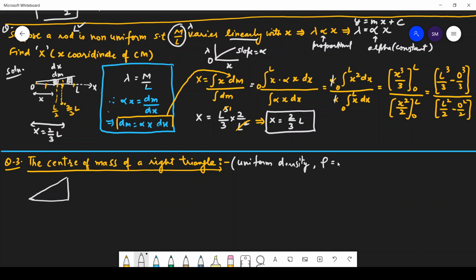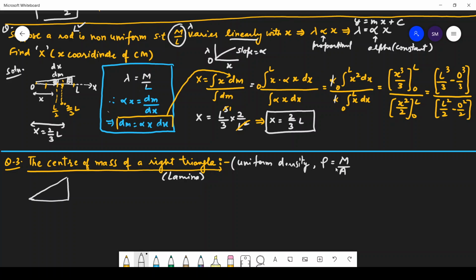Okay, because we have area over here, this is also a case of a lamina, you can say. So it's a flat surface with almost negligible thickness, and density is total mass upon total area.